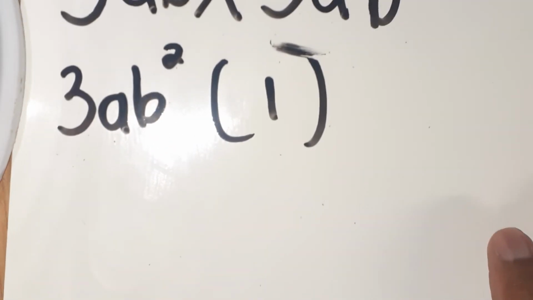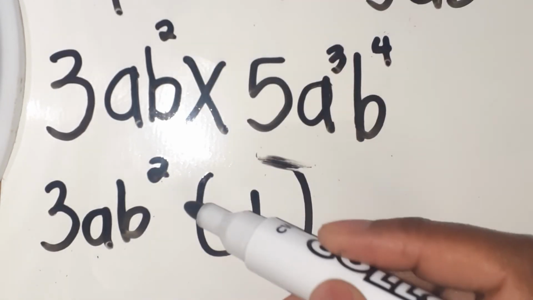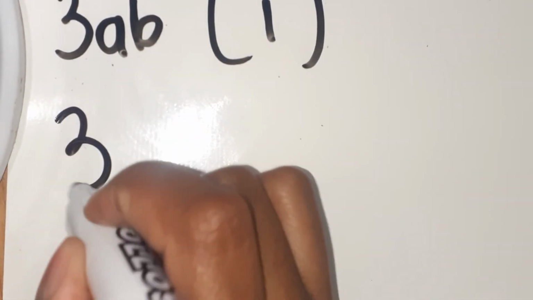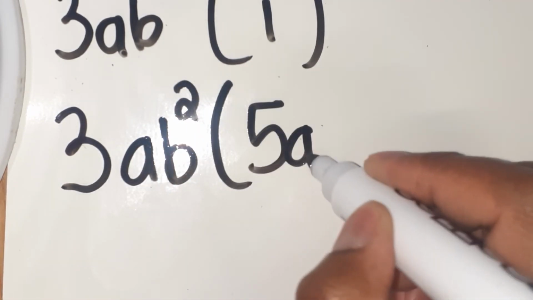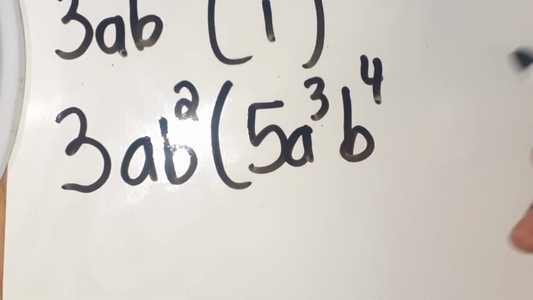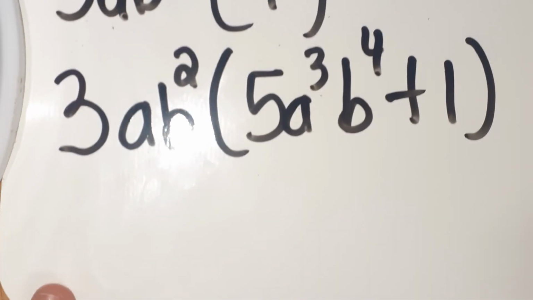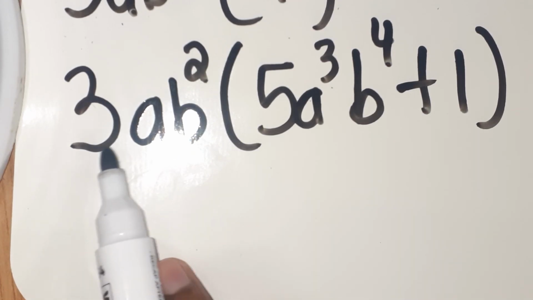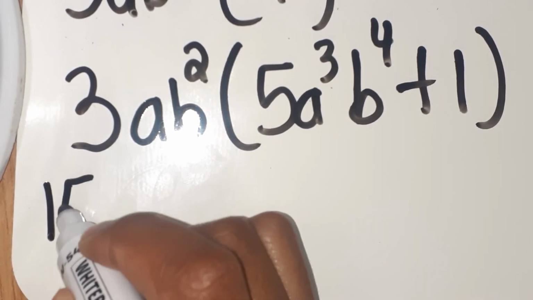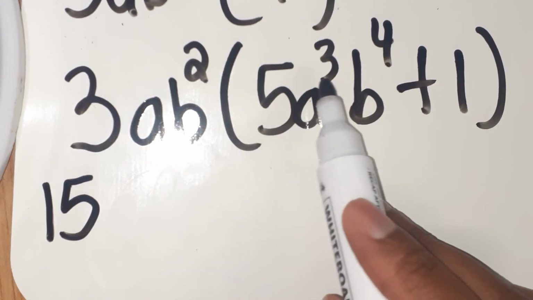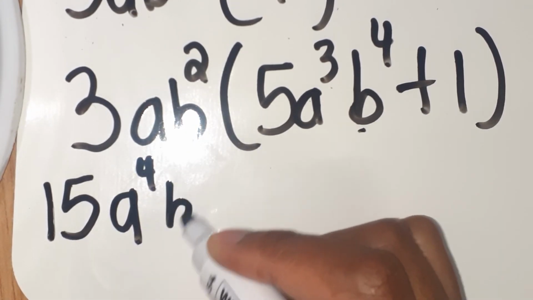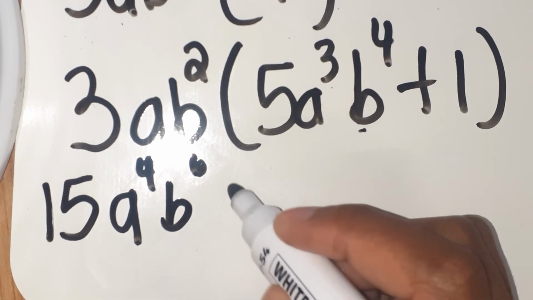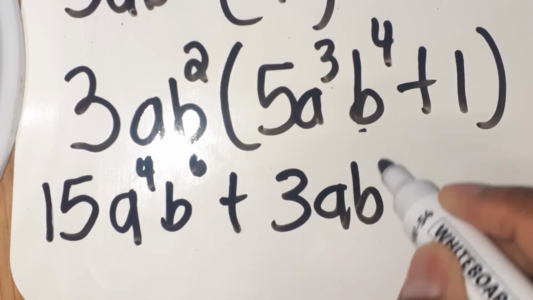Now, because we have 3ab squared here and here, we can take it as a common factor. So that will be 3ab squared into 5a cubed b to the power of 4 plus 1, right? When you say 3 times 5, you get 15. A times a, the bases are the same. You add the exponents, that's to the power of 4. Then b times b, you will have b to the power of 6 because you will add the exponents, plus 3ab squared.